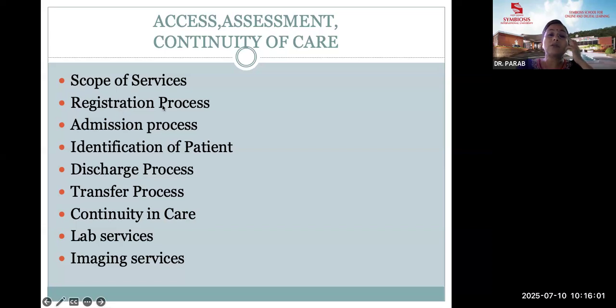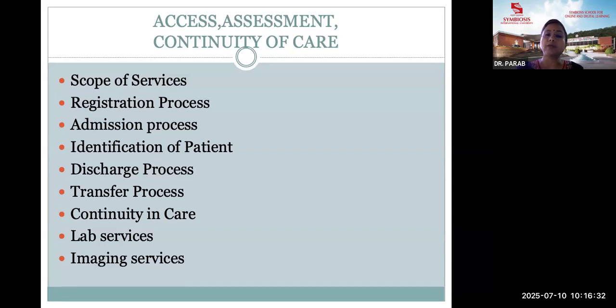Then it talks about the registration process and the admission process. So every patient coming to the hospital has to get registered. There is a unique hospital ID which is generated during this registration process. And then the patient either goes away after an OPD checkup or he ends up getting admitted. Now, if he gets admitted, there could be either admission on the wards or there could be an ICU admission, right?